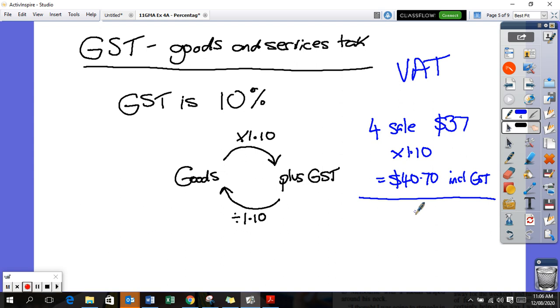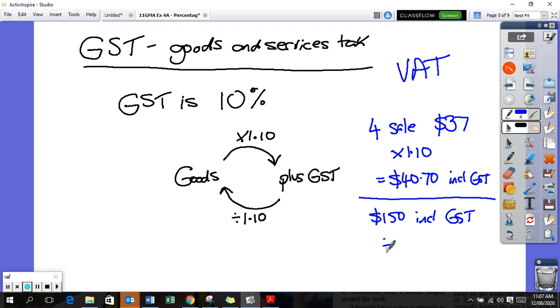Okay, so sometimes people or businesses are tax exempt, so they don't have to actually pay the GST, but the GST is inbuilt onto the price of goods. So say something is $150 and that includes GST, and if someone was tax exempt, then to work out how much they have to pay, they have to go the other way and divide by 1.10.